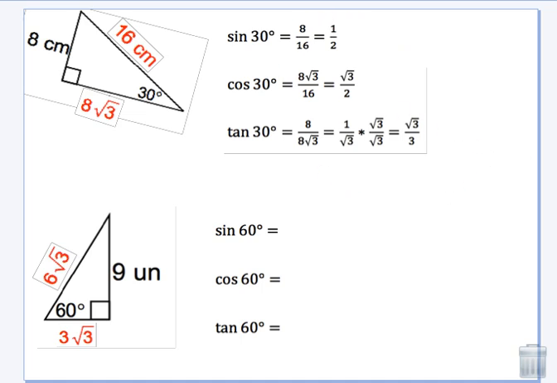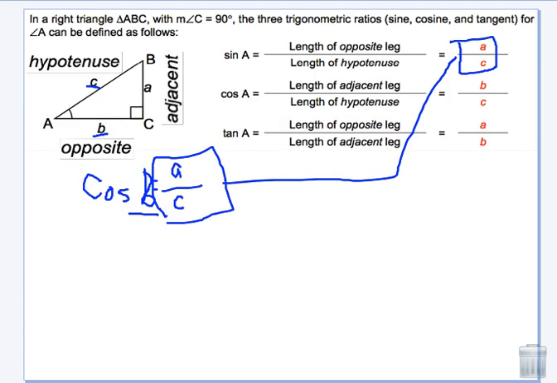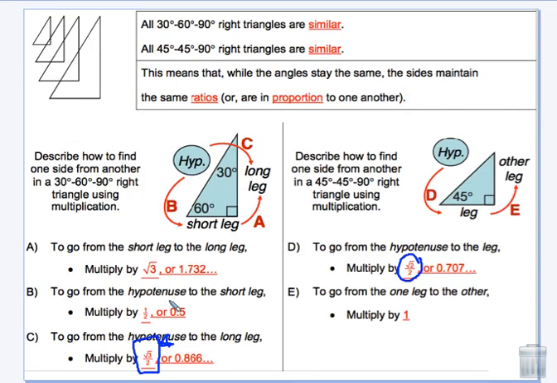And remember, when you were going from one leg to another, if we had the long leg and we're going to the short leg, I think it was, we'd multiply by 1/2. No, hold on, let's go back to it. Yeah, so right here, going from the hypotenuse to the short leg, we would multiply by 1/2.